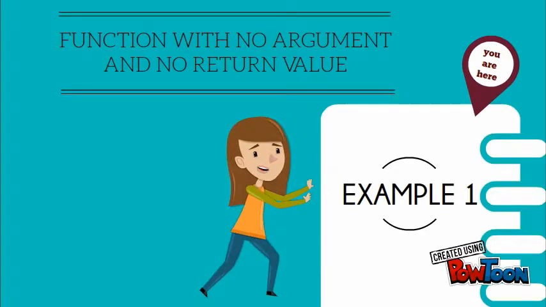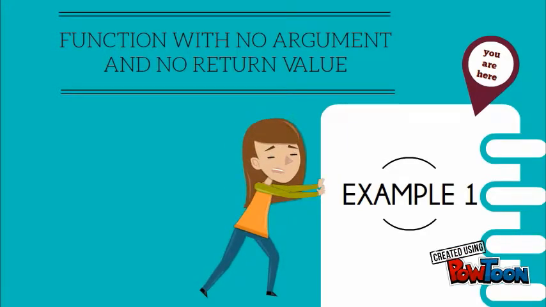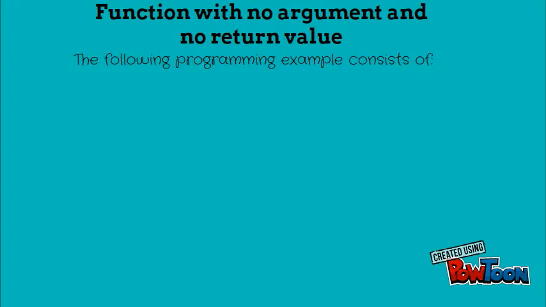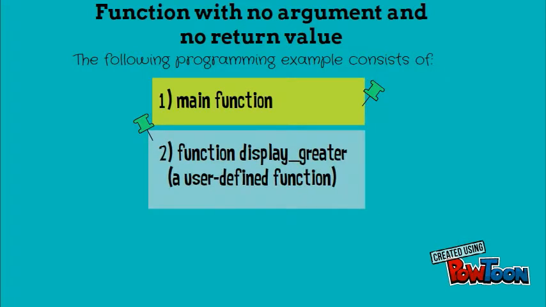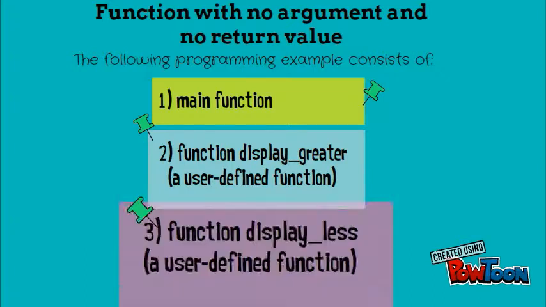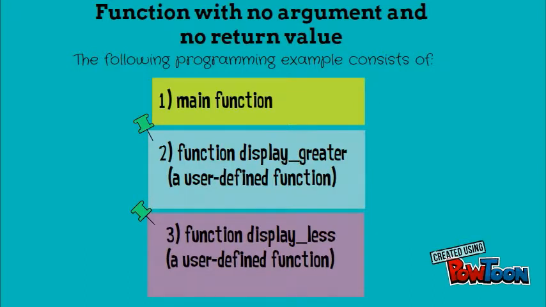Let's have a look at the first example. In this example, the programming code consists of the main function and two user-defined functions, which are function display greater and function display less.